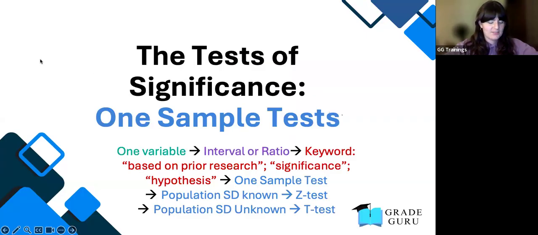Alrighty, now for the tests of significance. The very first one is the one sample tests. When you're breaking down a question to narrow it down to a one sample test, you will notice that there's only one variable involved in the analysis.